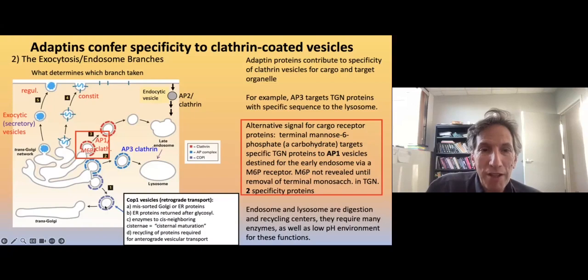So this is a kind of quality control that moves proteins that get into these vesicles by mistake and end up in the Golgi by mistake. They can be recognized as non-Golgi ER proteins and just moved back by retrograde transport. So that's A.